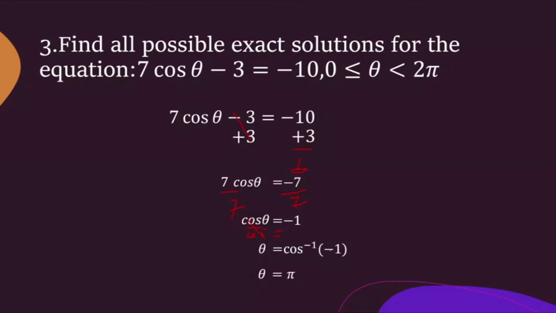It's the only place that cosine is negative 1 in the restrictions given here. In this case, you can also add 2 pi n or subtract 2 pi n to give you all possible solutions to this equation.